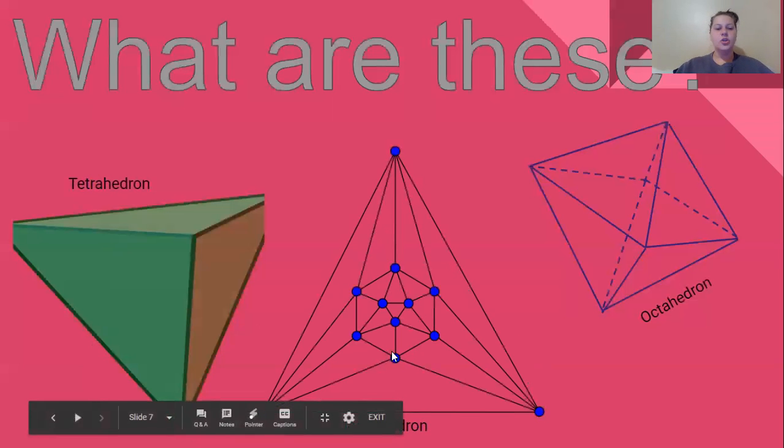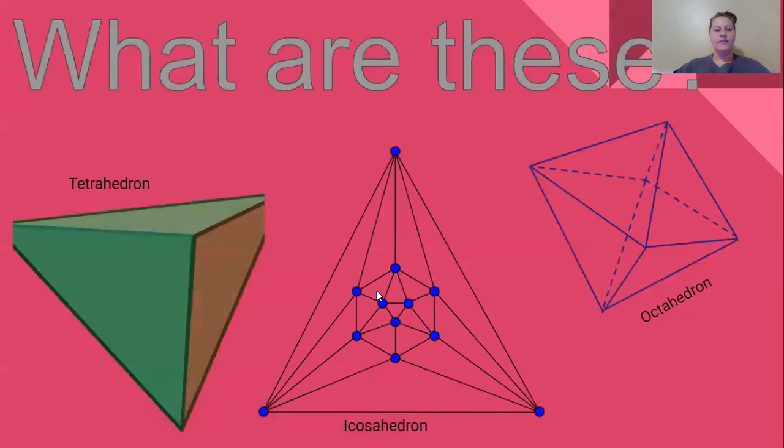It has 20 faces, and 12 vertexes. And so you'll see when we count the faces, we have 1, 2, 3, 4, 5, 6, 7, 8, 9, 10, 11, 12, 13, 14, 15, 16, 17, 18, 19, and 20.